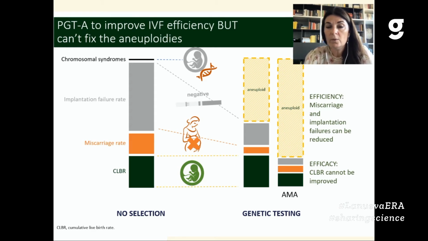So in other words, we are significantly increasing efficiency. We can reduce miscarriage, we can improve implantation potential, we can do fewer transfers, we can improve time to pregnancy, we can transfer 1 embryo at a time due to our incredible positive predictive value, but we cannot increase the cumulative live birth rate per cycle. We are not introducing, as I said, useful embryos into our cohort.